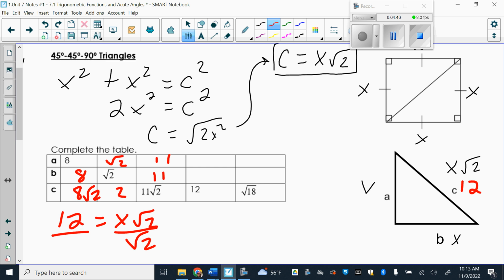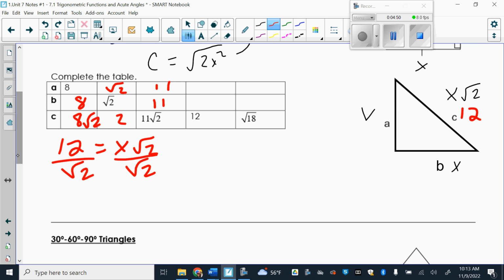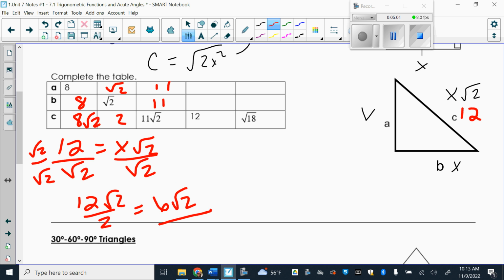So solving for x and rationalizing that, we get 12 root 2 over 2, which is 6 root 2. That means side A and B had to be 6 root 2. Now, some of you guys might have enough math common sense to figure that out without having to do the math, and that is A-okay.